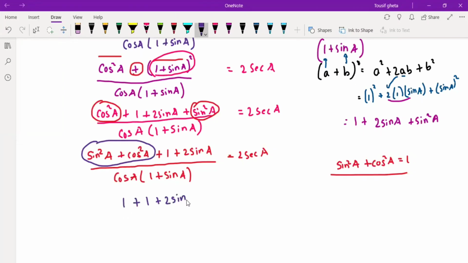I'm writing the remaining terms as it is. Whole divided by, so what we have to write down in the denominator: cos a of 1 plus sine a is equal to the right hand side value, 2 secant a.